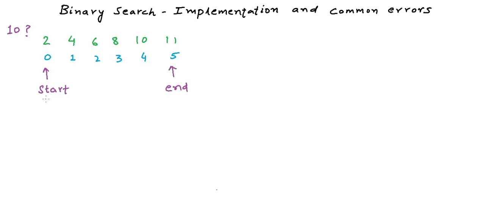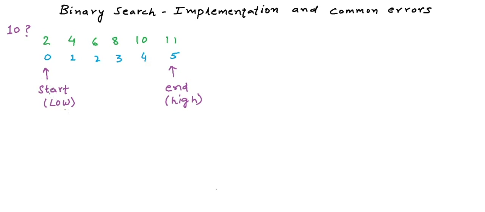We may call these variables start and end, or we may also call these low and high to mark the lower index and the higher index. Now start and end, these two variables at any stage in our algorithm give us the range in which the element may exist. So at the start of the algorithm, the element may exist anywhere within the array.